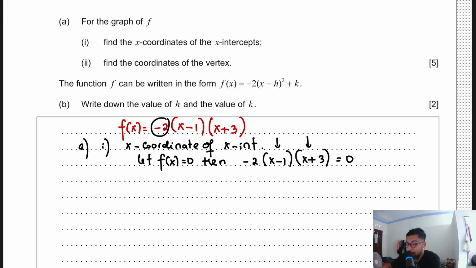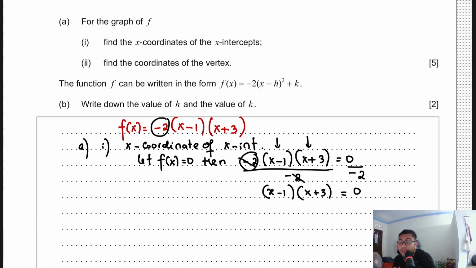So you have to eliminate negative 2 from the left hand side. Because it is multiplied, we divide both sides by negative 2, and the right side is also divided by negative 2. So then we get x minus 1, x plus 3 equal to 0. It's only like this. You understand what I'm saying?